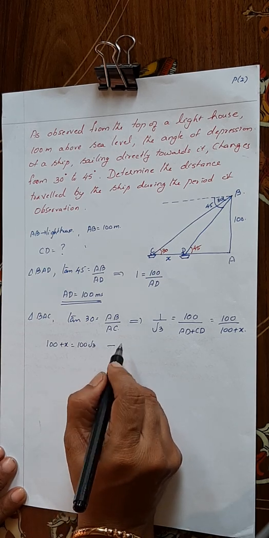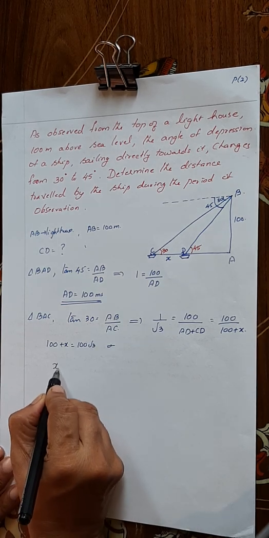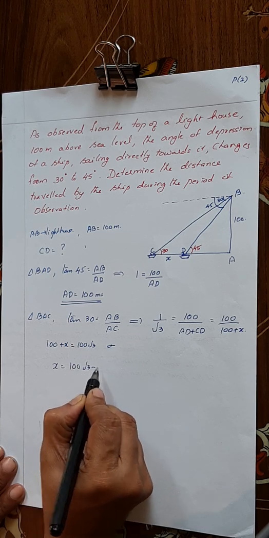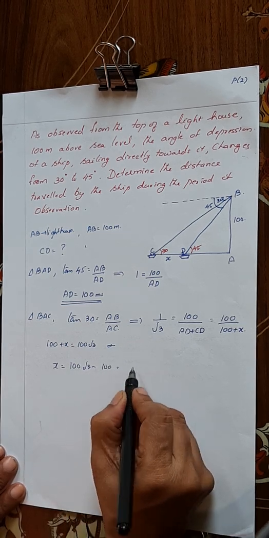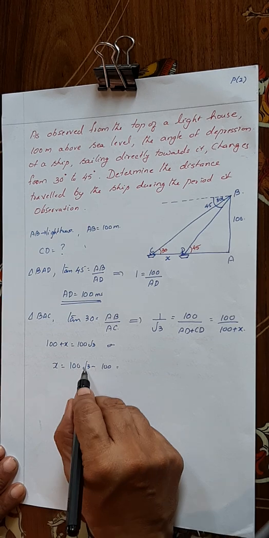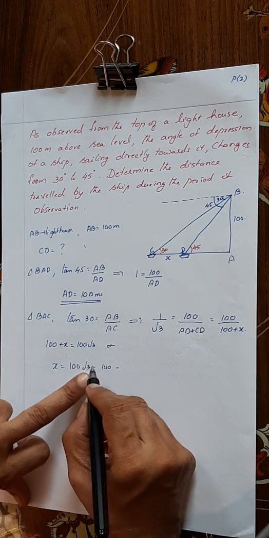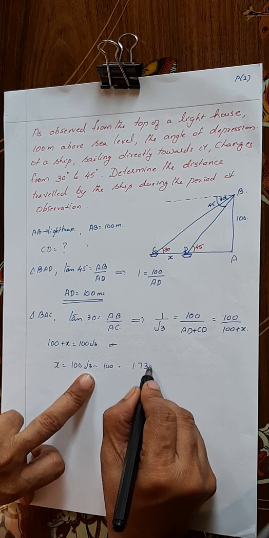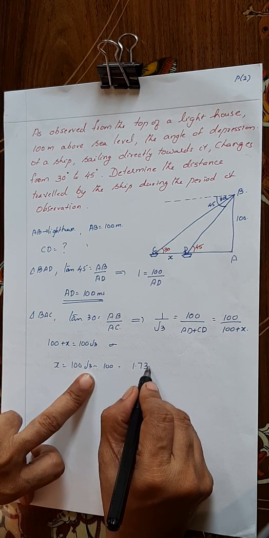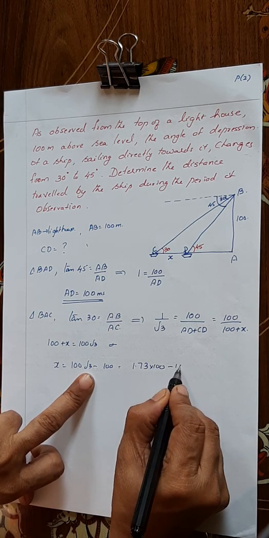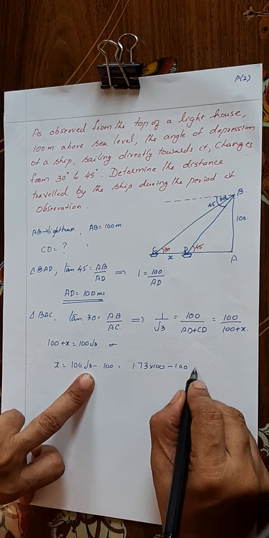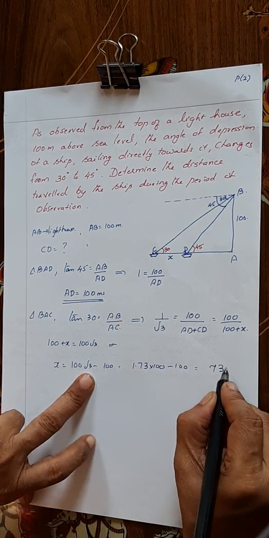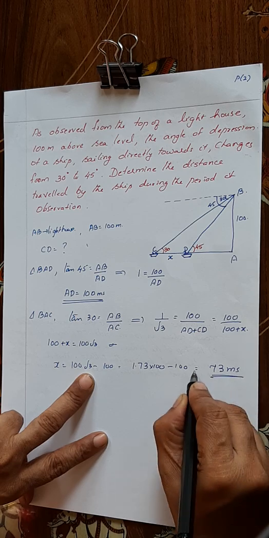From this you will get X is equal to 100 root 3 minus 100, that is 1.73 into 100, minus 100. So 173 minus 100, it is 73 meters approximately.